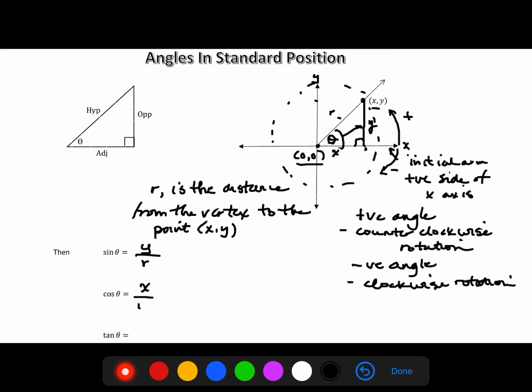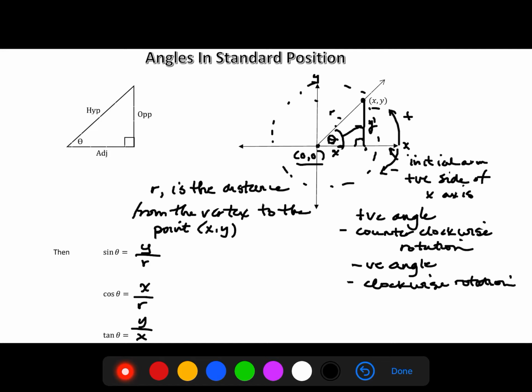Cos theta would be x over the radius, the x value adjacent over hypotenuse, and tangent would be y over x. So we can use points on a terminal arm to determine our sine, cos, and tan ratios, and then in turn to be able to figure out what the angle is between our initial arm and our terminal arm.